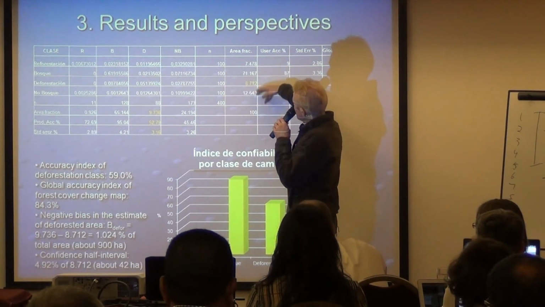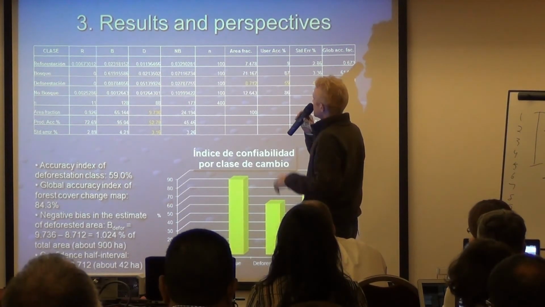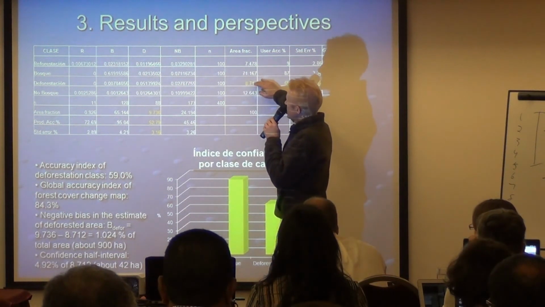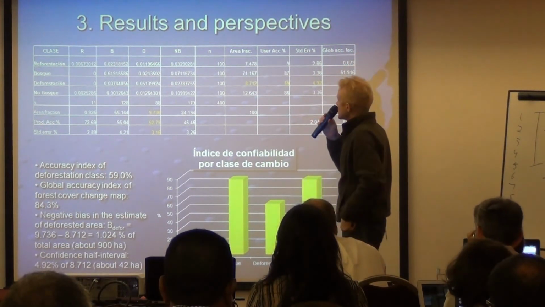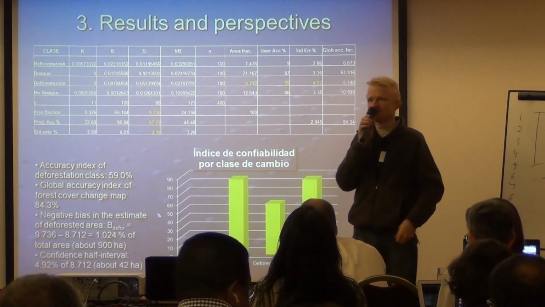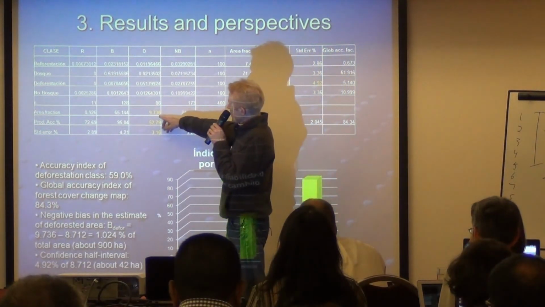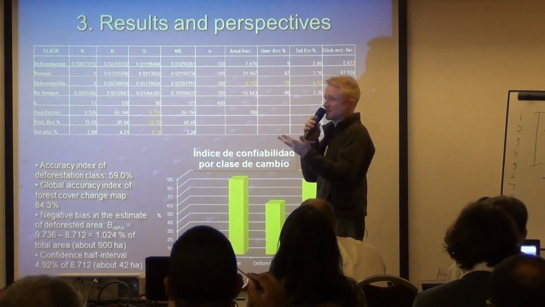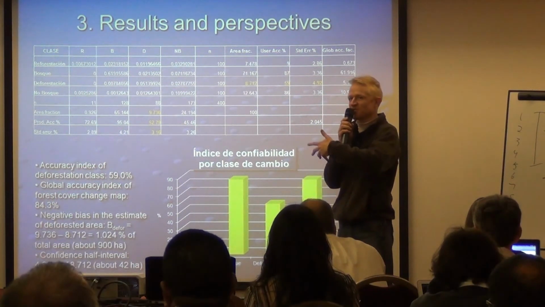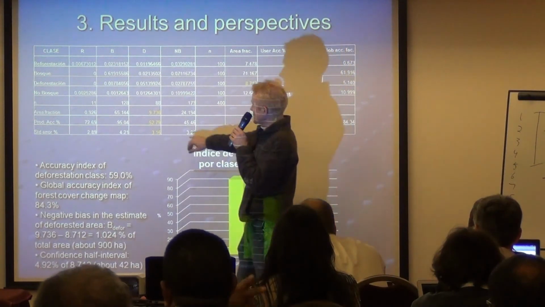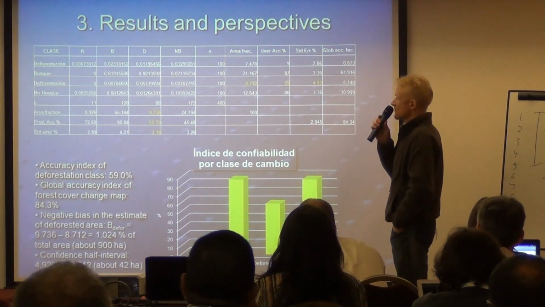For example, if we look at the totals column of the area fraction, we could interpret that the deforestation actually mapped rises to 8.712% of the total area under study, whereas the area fraction on the other column, representing the projection of the verification material as if it was projected to the entire area, indicates that deforestation area would be up to 9.736.